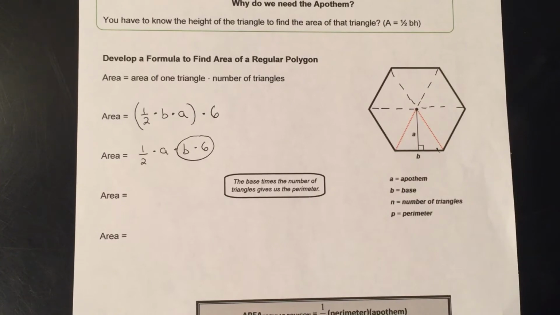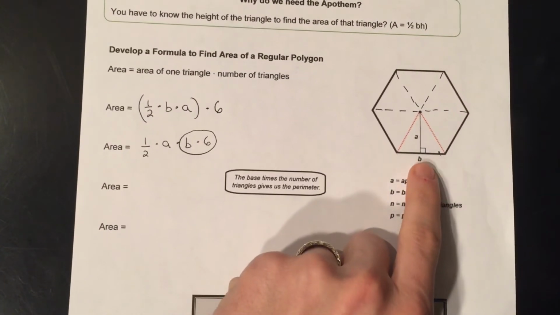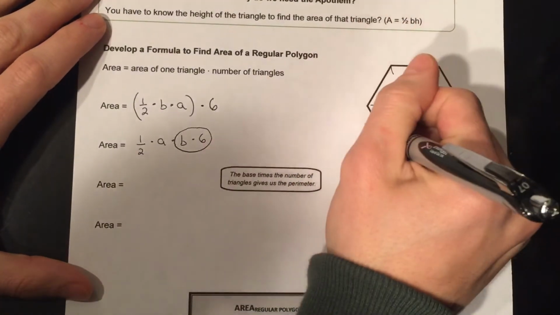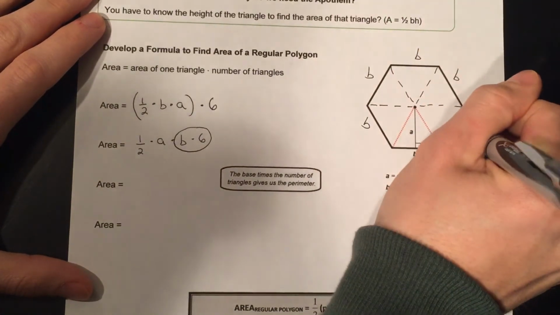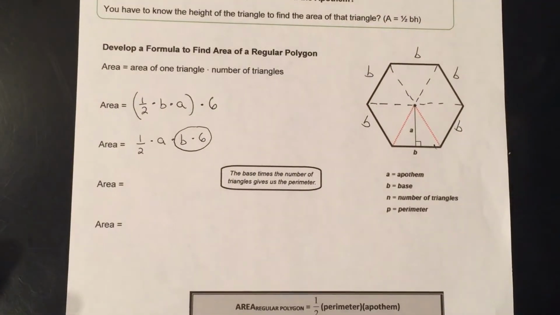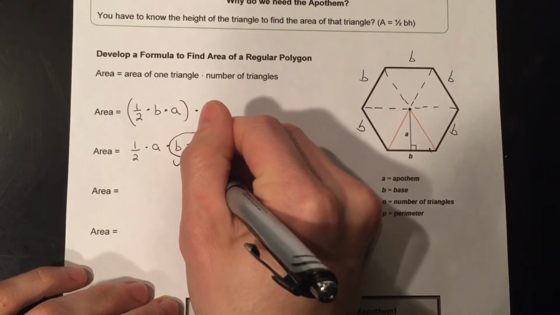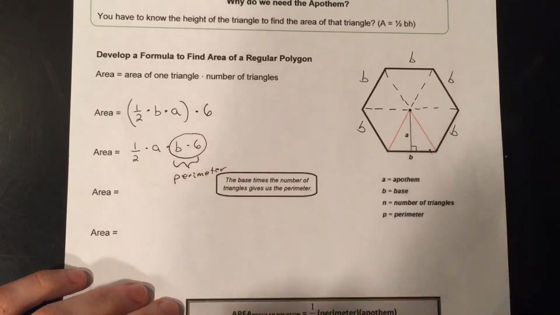Well, 6B. 6B is 6 times B, or in terms of regular hexagon, which this shape is, 6B, if I label some B's around this, is actually the value of the perimeter. So B times 6 is really the perimeter of that polygon.